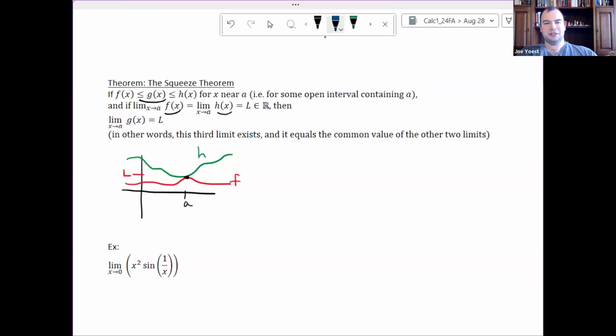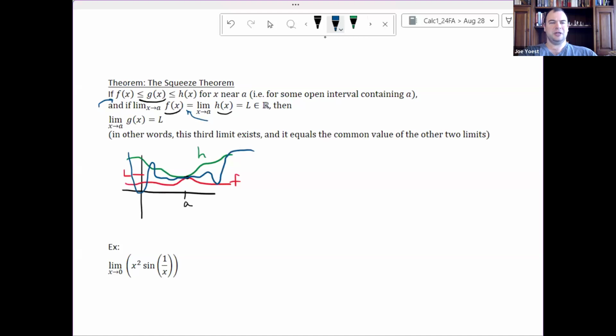If I'm going to draw a function g satisfying this criterion between functions f and h, it can do crazy stuff over here, but near a, it's got to settle down enough. It's got to stay between them.